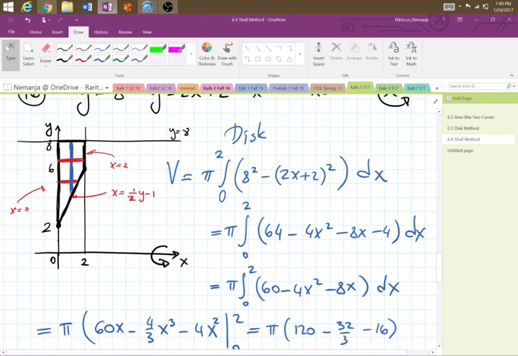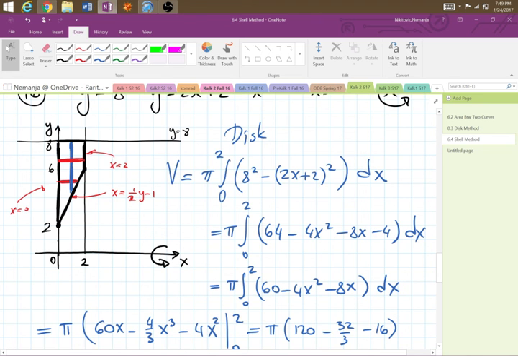Now, when you attempt the shell method for this problem, you see that this side is always fine, but the other one changes the function. The function changes from x equals 1/2 y minus 1 to 2. So you get one integral for this piece, and then at 6 you get the other integral because different functions are involved in your calculation.